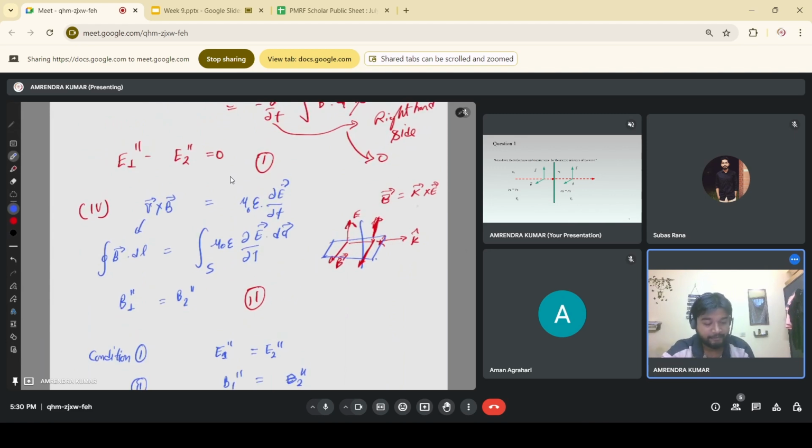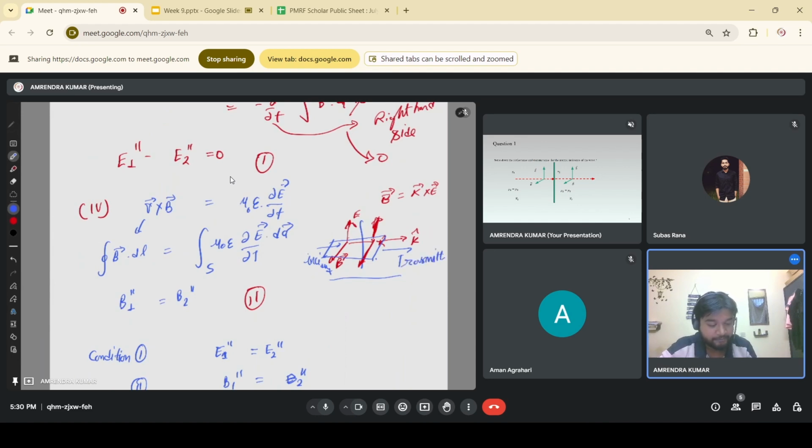So we now know that B should be along k cross E. This is for the incident wave and this is the transmitted one. The incident and the transmitted are in the same direction.